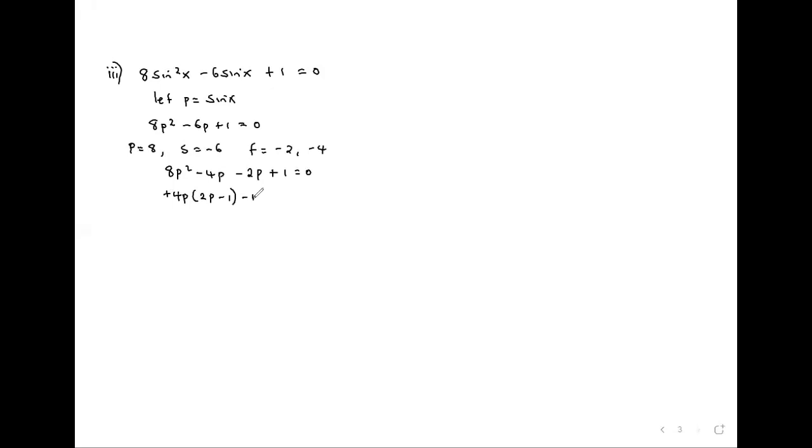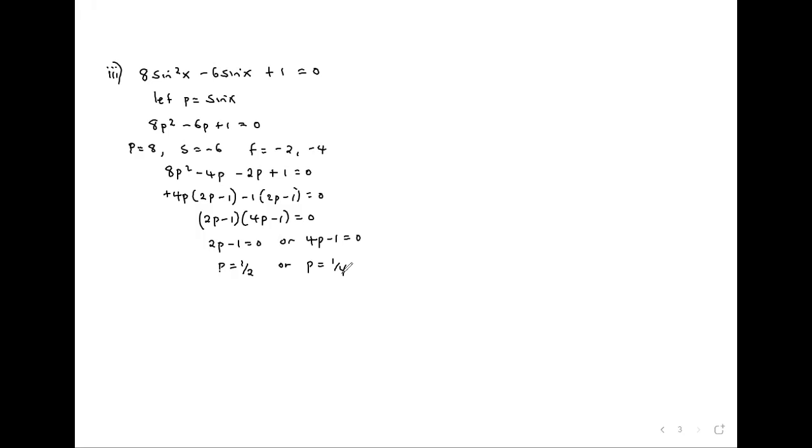And factor out -1 here, so we get 2p minus 1. And so 2p minus 1, 4p minus 1 is 0. So 2p minus 1 is 0, or 4p minus 1 is 0. P is half, or P is 1/4.